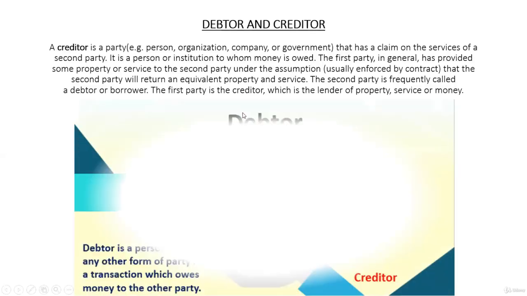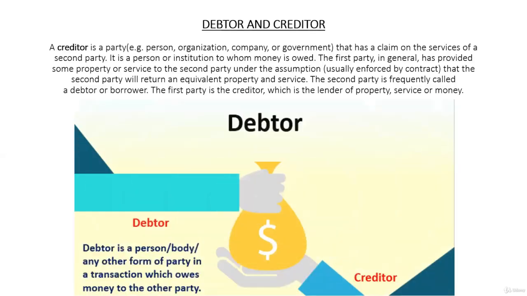Now the next is debtor and creditor. Who is debtor and who is creditor? Every time you purchase or sell on credit, in a purchase transaction or in a sales transaction, a debtor and creditor both arise in the books of our company, and in the books of another party, one party will be the debtor and another party will be the creditor.